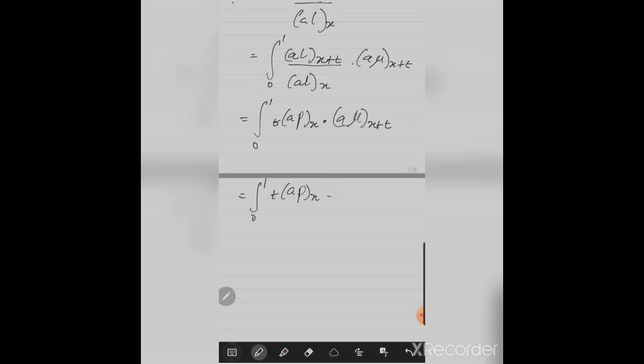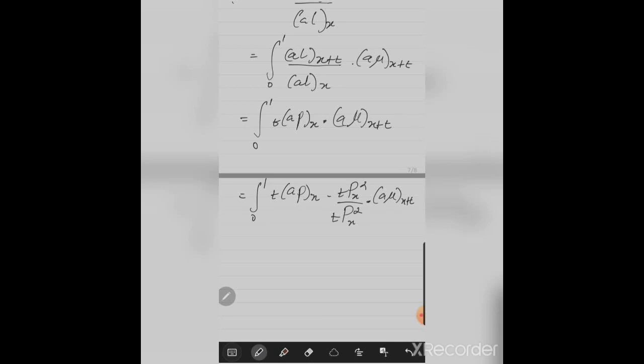So here I divide by tPx alpha, and then we have mu, then we have our A mu x plus t.